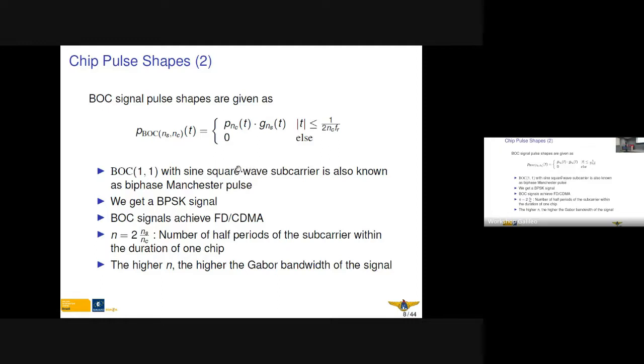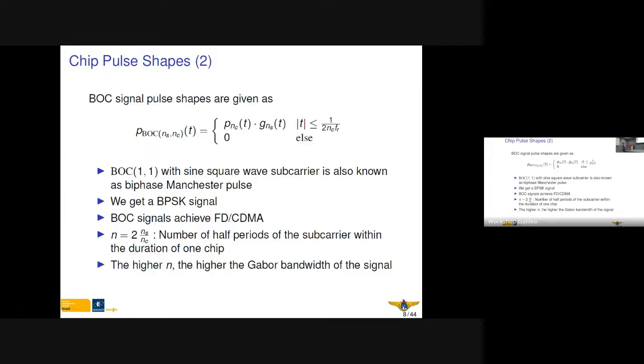I just want to comment here that the BOC(1,1) signal with sine square wave subcarrier is also known as the biphase Manchester pulse. This exists since the 50s. This is a pulse shape used for telephone transmission, because you have no spectral support of the signal around the DC, so you can filter out any strong DC interference, which was very common in telephone line communication.